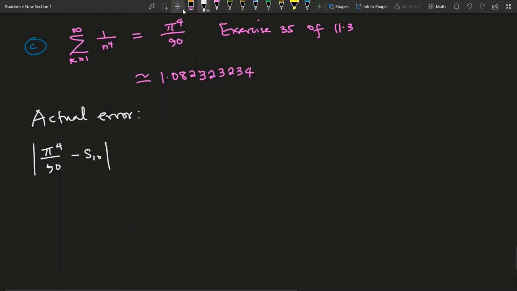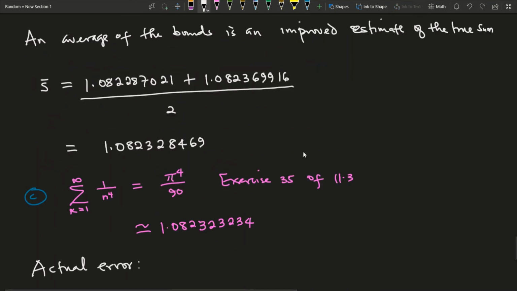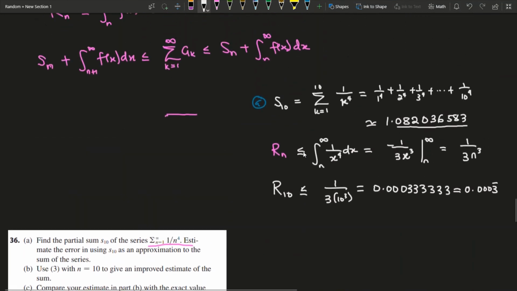It doesn't matter for this one anyway, so this will be positive since the series is positive. We are not asked to do this one in the problem, but just for illustration's sake.